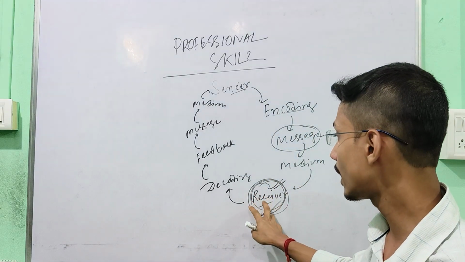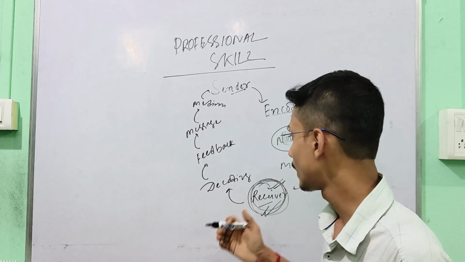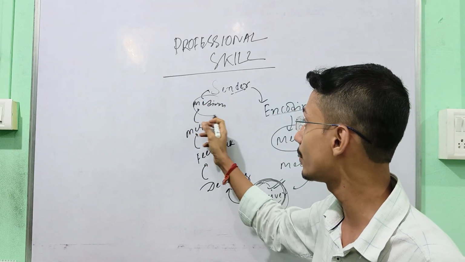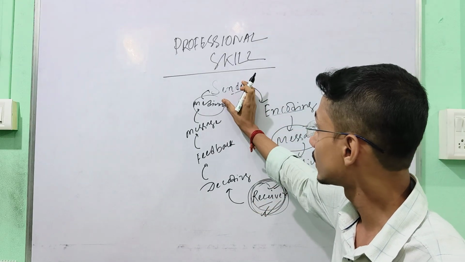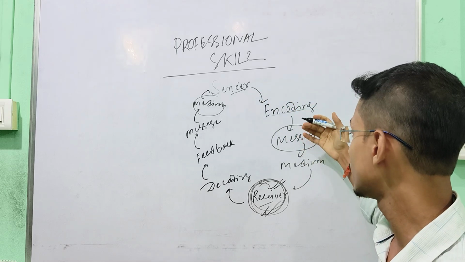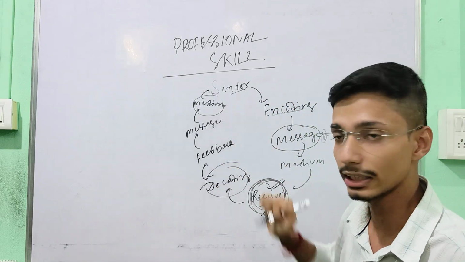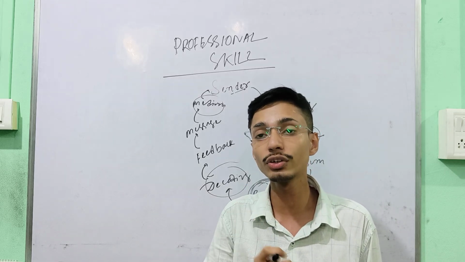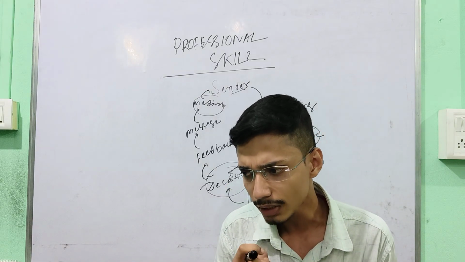After that, the receiver decodes the message and sends feedback through a medium to the sender. In this way, the sender shares information properly with encoding to the receiver, and the receiver sends back after decoding. So communication can be successful in a two-way process.